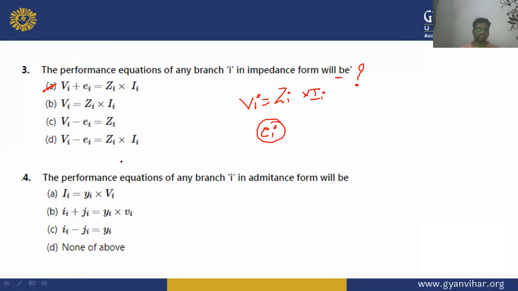Okay. Now read the question number 4. The performance equation of any branch i in the admittance form will be what? Think about it. We were having this for the impedance, and this one is being asked for the admittance. Think about it.